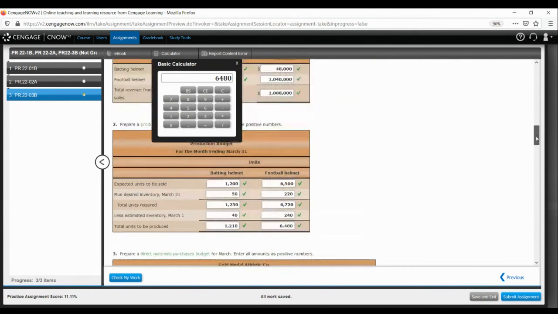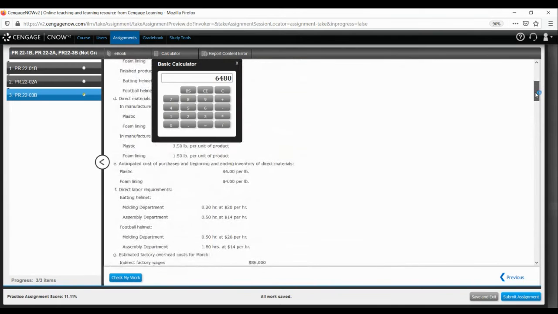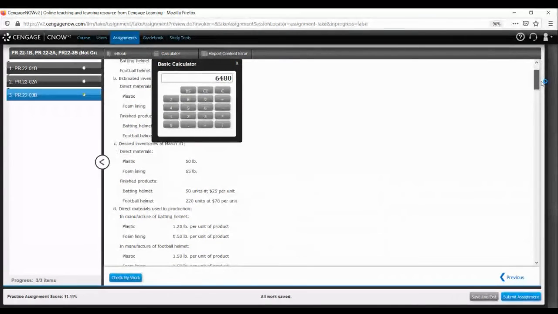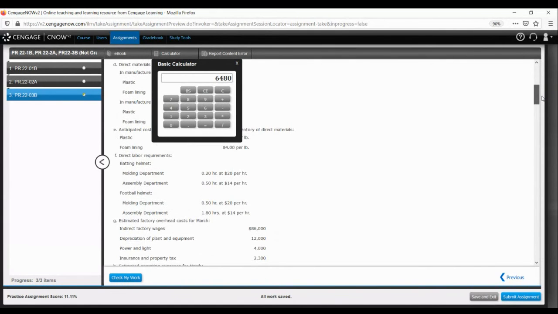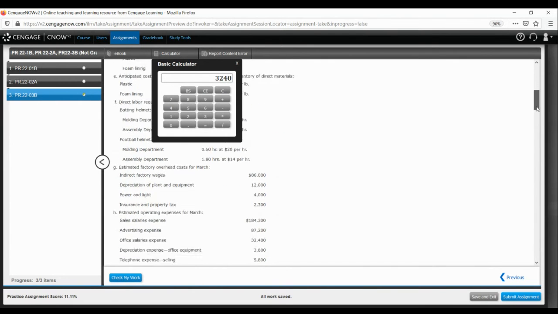And when we scroll up to see the time that it takes to produce the football helmets in the molding department, it is a half an hour. So 6480 is the number of units that we are producing of football, and we're going to multiply that by half an hour, and those are the hours that would go into the molding department.